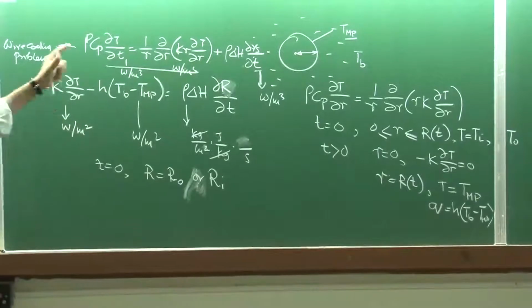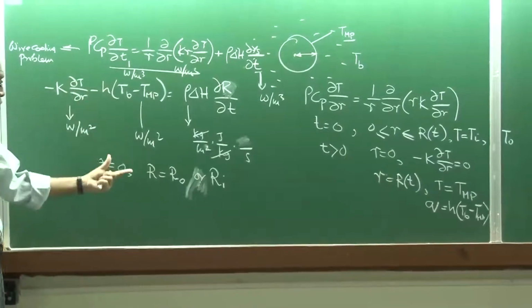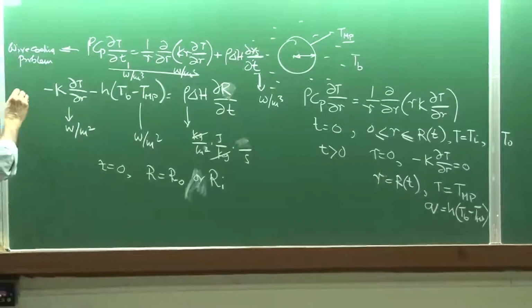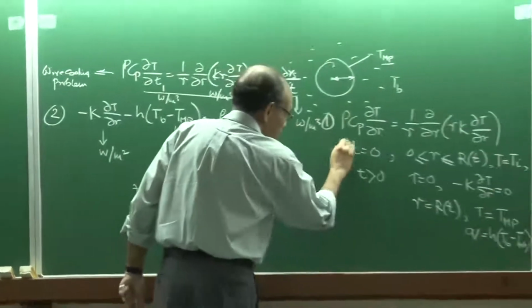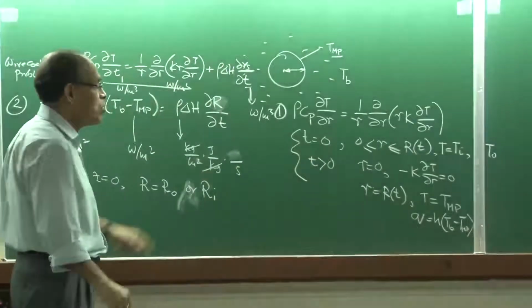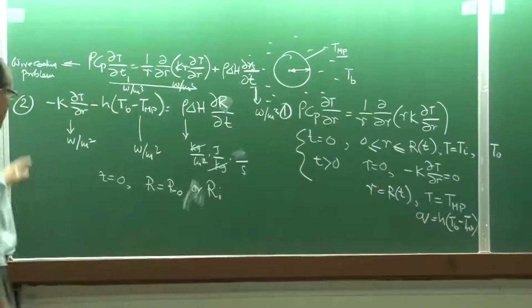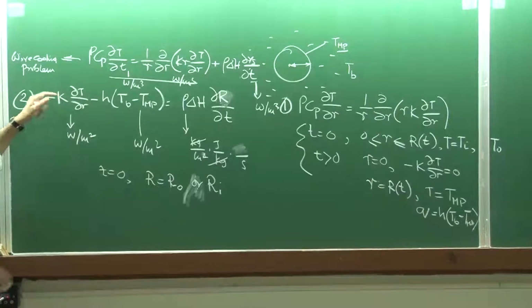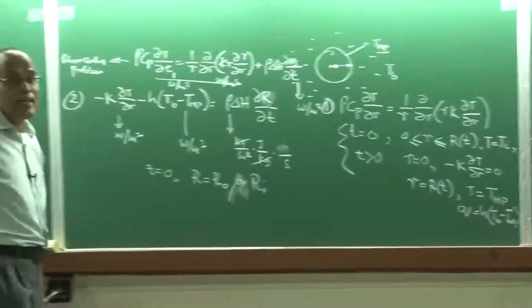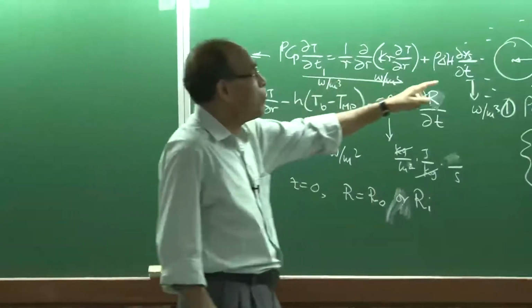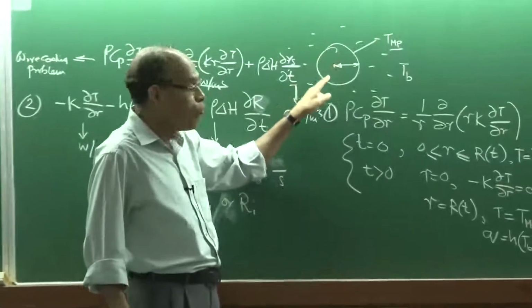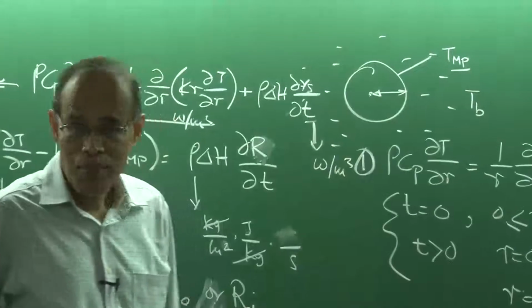It's a combined conduction convection problem. This is the second equation and this is the first equation. These are the set of initial and boundary conditions for the first equation, and this is the initial condition applied to the second. So they are to be solved together in order to predict the evolution of the temperature field within the solid, as a result of which we will be able to find out the rate of melting.